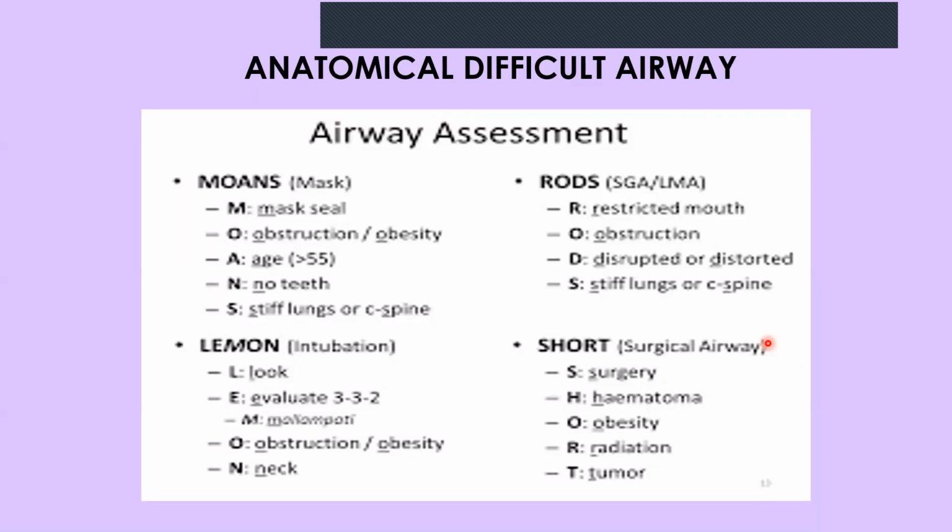Obstruction of obesity tu selalunya bila you nak bag susah nak ventilate, so maybe short neck kan patient ni. Lepas tu age tu elderly lah, usually ada cengkung, no teeth, because patient yang ada ni denture. So adakah you akan remove the denture untuk BVM?